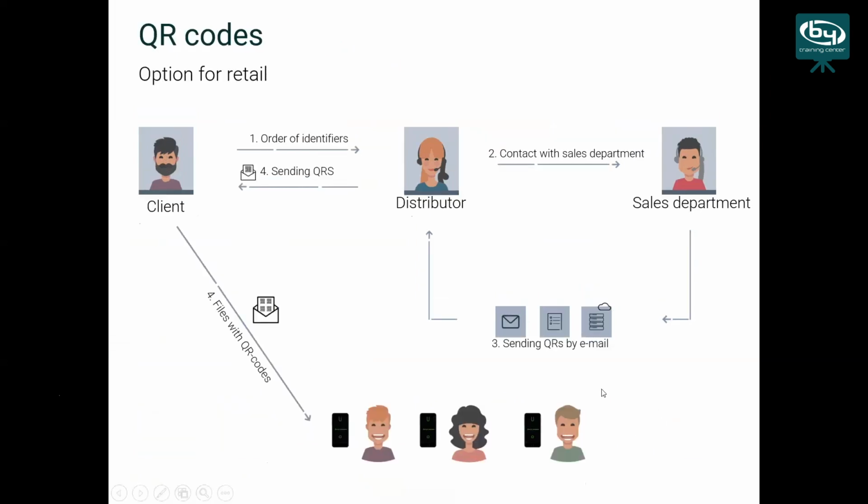The QR codes, how it works: in a similar way, we send the QR codes by email and the customer sends the files to the different users. The QR codes are more simple because they only need to scan them one time, and then this QR code is assigned to one phone, and it has the access for the parts allowed to this user.